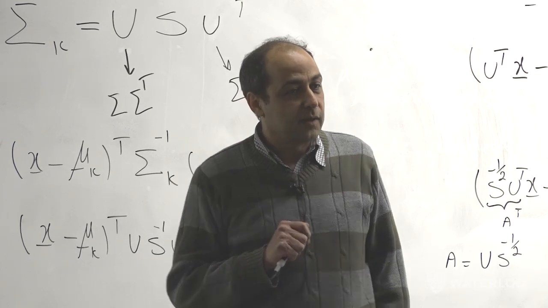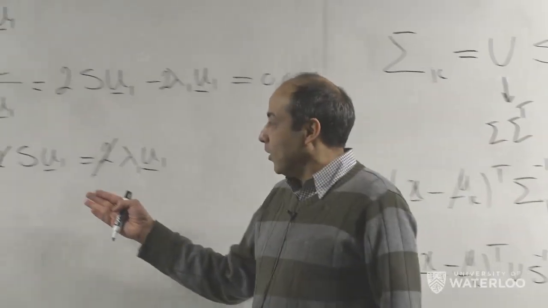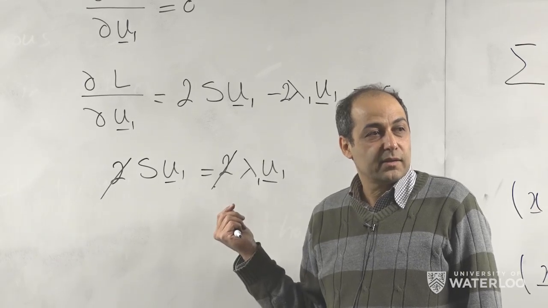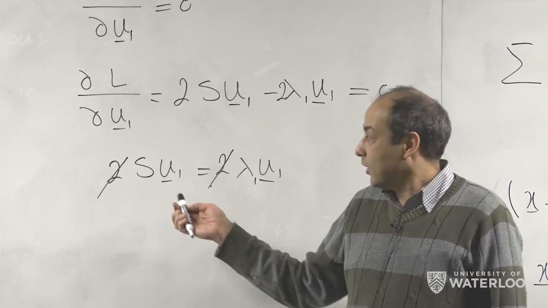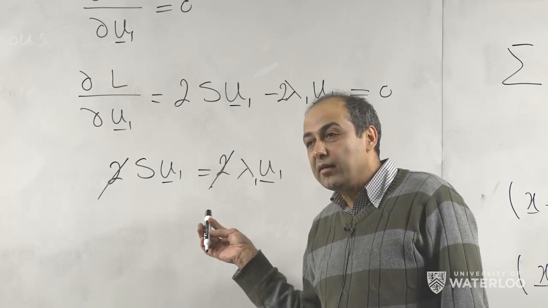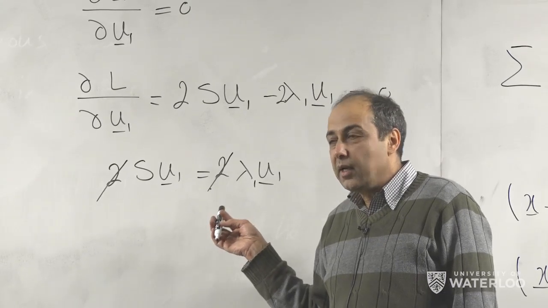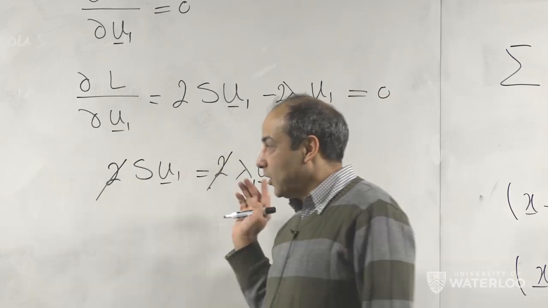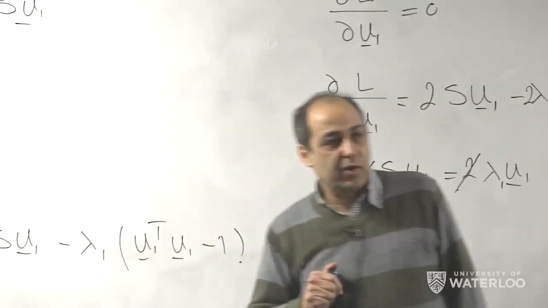Eigenvalue. So lambda is an eigenvalue of S, and u is an eigenvector of S, right? Basically, this equation tells you that any eigenvector and eigenvalue of S can satisfy this condition and could be a saddle point of your Lagrangian.